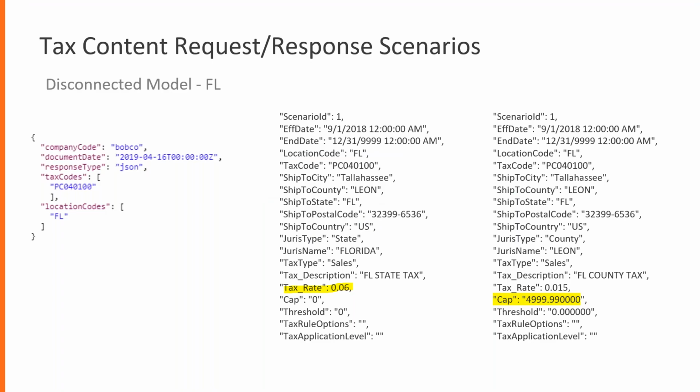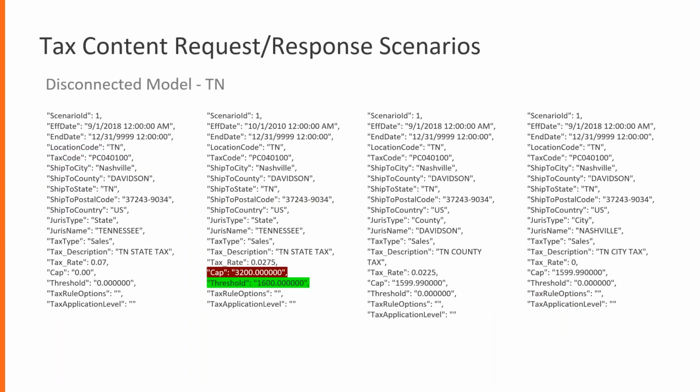All right, so we've talked about Massachusetts, New York, and Florida, then we can get on to my favorite location to have a retail establishment, Tennessee. Because Tennessee is fantastically unique in that they have an additional state tax that has both a cap and a threshold. So what we can see here is when we process that request to Tennessee, just like we did for Massachusetts, we're just changing location.